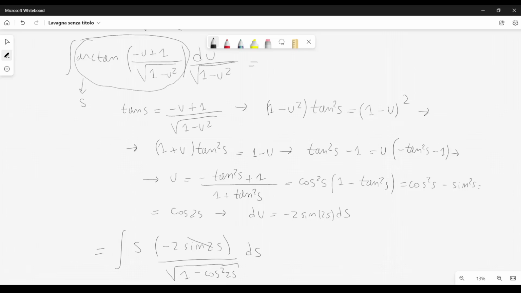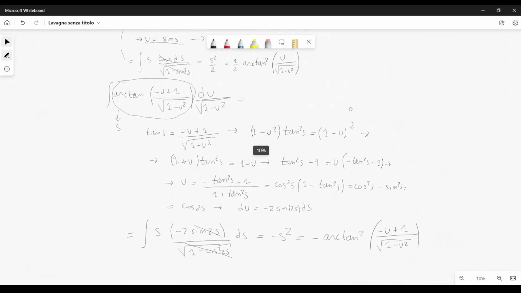But sine of 2s will cancel this term because the square root of 1 minus cosine squared of 2s will be sine of 2s, and therefore here we have to integrate minus 2s, which is minus s squared. But if you remember the definition for s, we have minus arc tangent squared of minus u plus 1 divided by the square root of 1 minus u squared.